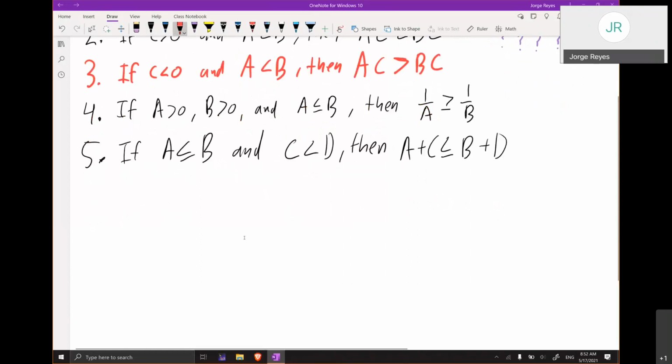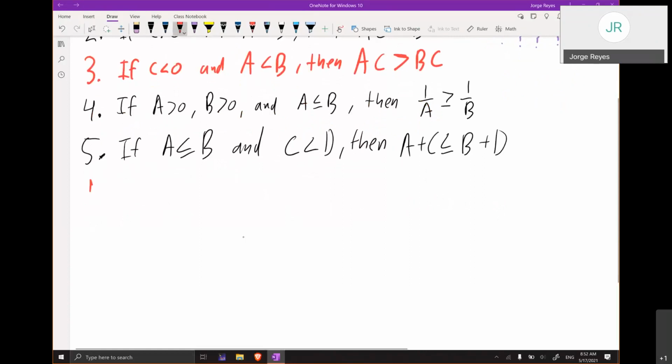Now, let me get philosophical here for a little bit. The solutions to equations, so we did equations 2 sections ago. If we remember, the answers to equations were numbers, like 2, or 1 plus square root 5.